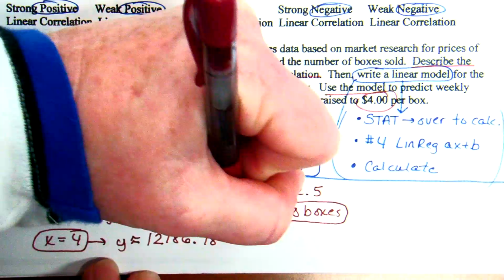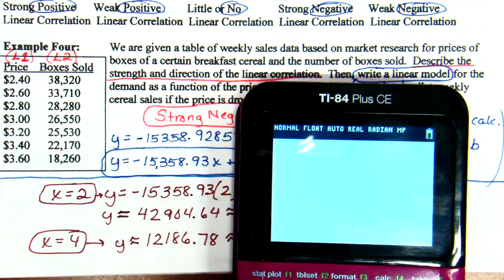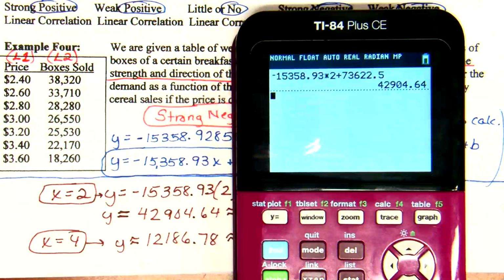Now, I've got one other option of how you could have done this. I'm going to go to my y equals. You know we came up with this equation, yes? I'm going to put in my equation, negative 15,358.93x plus 73,622.5.